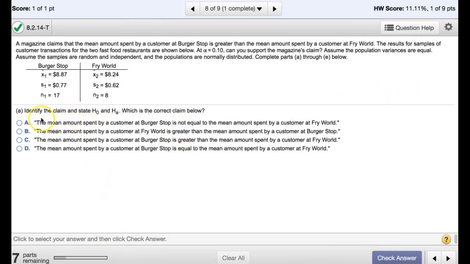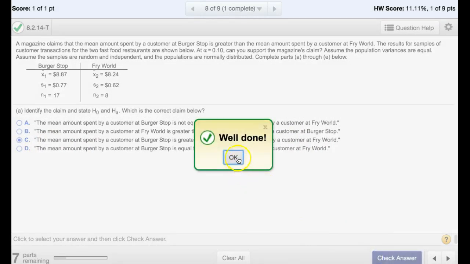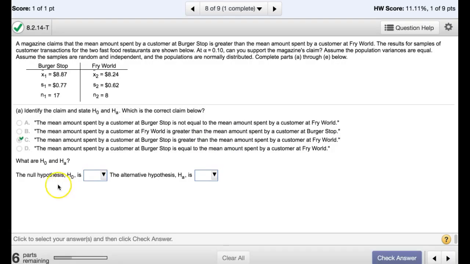It says identify the claim and state the null hypothesis and the alternative hypothesis. First, we know that the claim here is that the mean amount spent at Burger Stop is greater than the mean amount spent at Fry World, so we'll go ahead and select that. The next thing is, what are the null hypothesis and the alternative hypothesis?